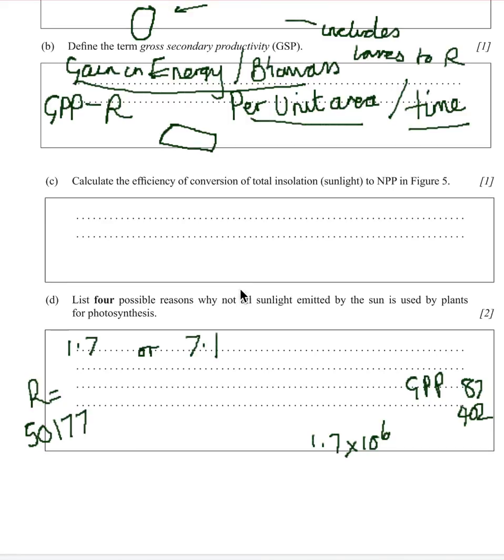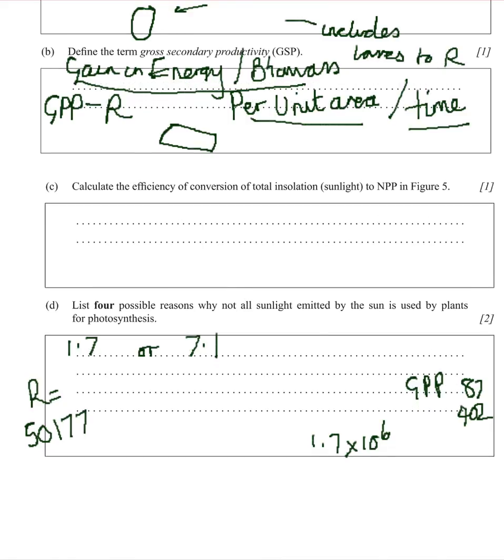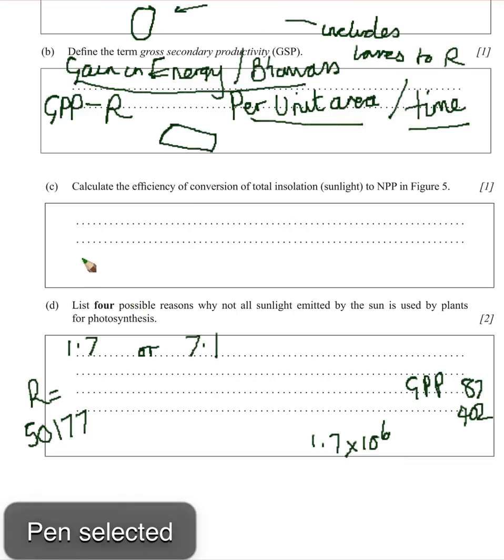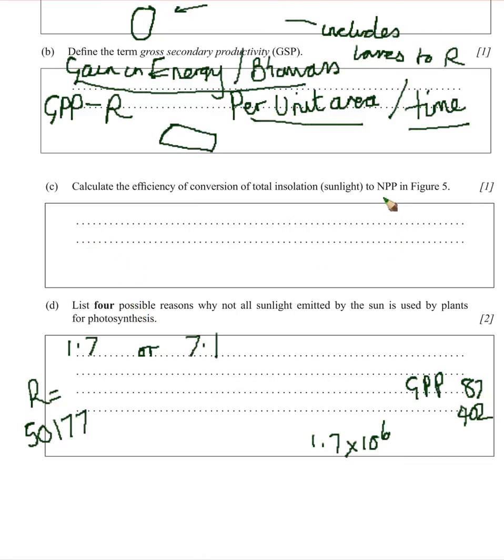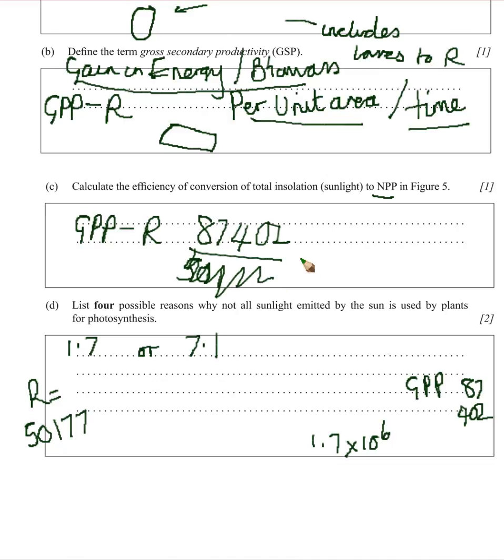So we need to know, now it's asking for NPP, okay? And so the NPP is gross primary productivity minus R. And we know the gross primary productivity was 87402 minus 50177.